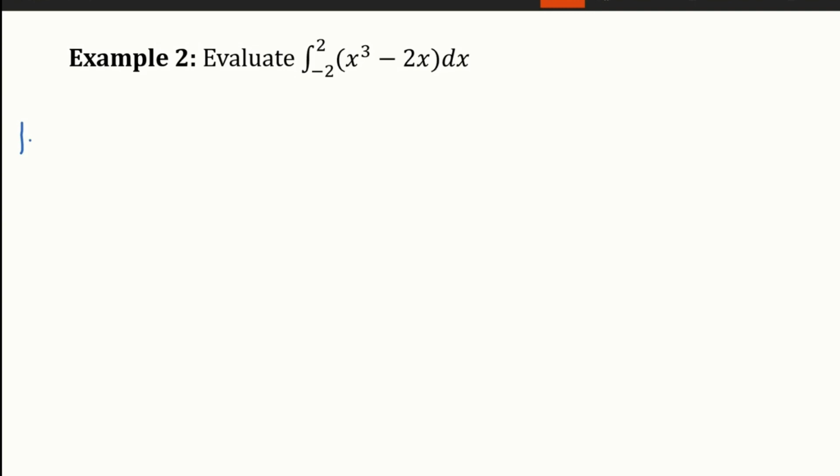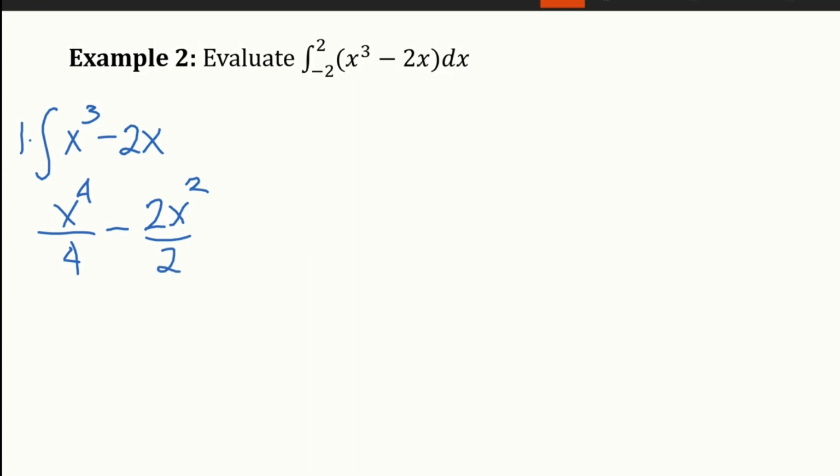So to integrate x cubed minus 2x, we have x to the 4th power divided by the new exponent, minus 2x squared divided by the new exponent. And based on our previous example, we will no longer put plus c, the constant of integration, because eventually we will cancel c. So it would be better if we're not going to put plus c here anymore.